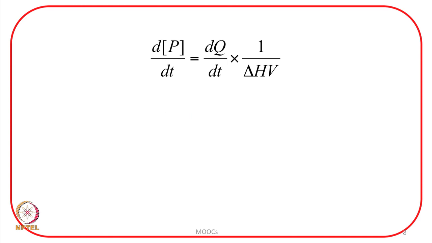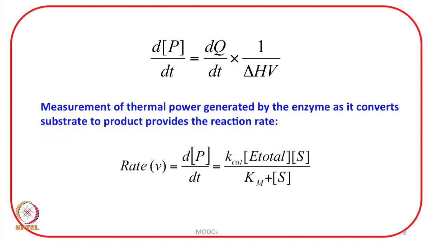So, you remember that we just derived this equation, dP by dt is equal to dq by dt into 1 over delta H into V, and dP by dt we have also just now derived is equal to K cat, the rate constant, which is same as K2 as we discussed earlier, into E total into the concentration of substrate over Km plus S, and now you see dP by dt can be evaluated from dq by dt.